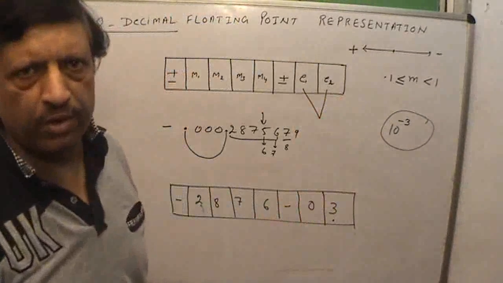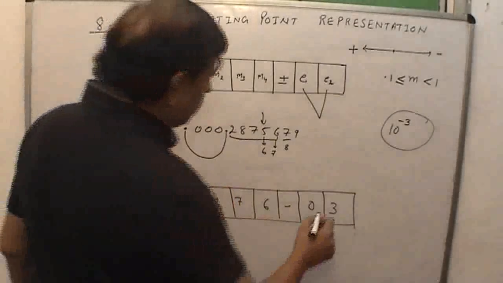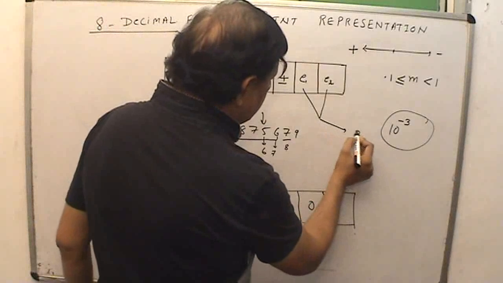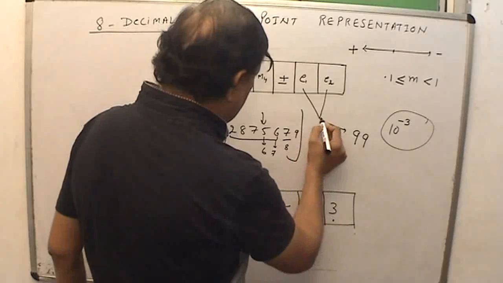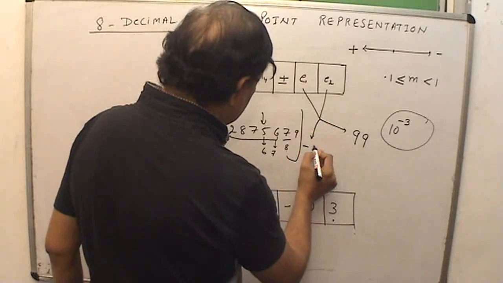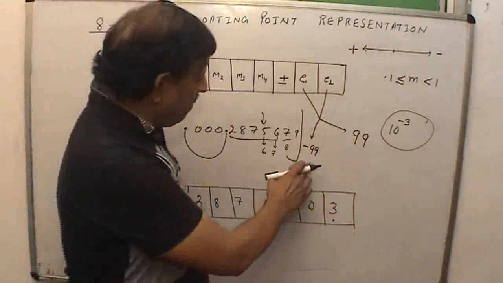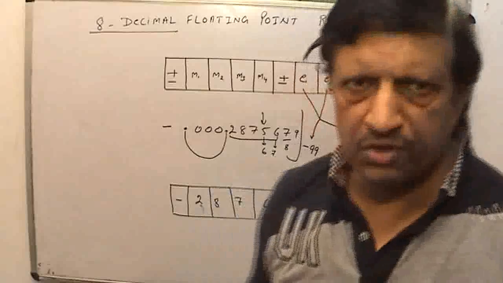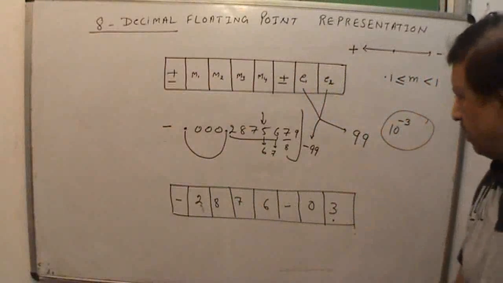It means we can consider only plus 99 and minus 99. It is the minimum exponent and the maximum exponent which can be stored under this system.